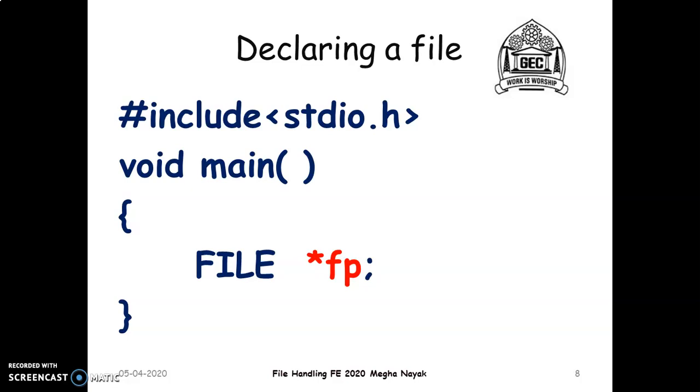Then you place a space and put a pointer. The star which you see over here is a pointer, and any variable name or file communication link which you want to associate with the file that you will be using needs to be placed here next to the pointer, and then you terminate it with your semicolon.